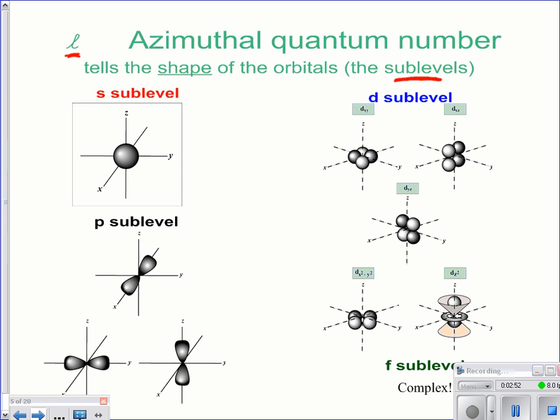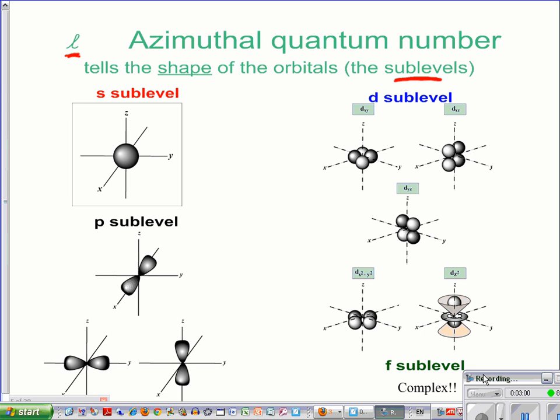We've looked at these different sublevels, these different shapes of the orbitals, and what we've seen is that we have these things called s, p, d, and f. We can assign quantum numbers to those.